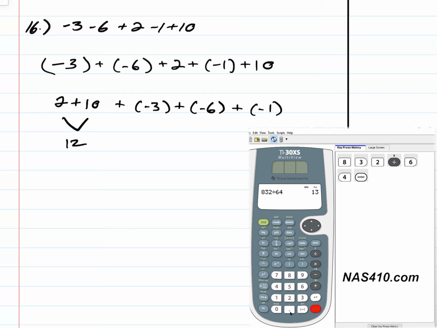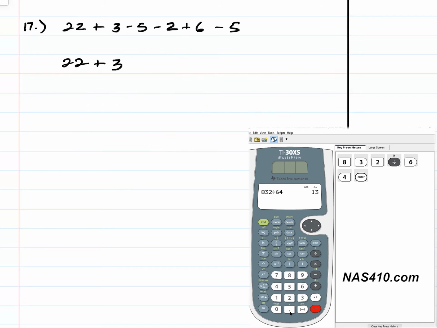It's pretty simple. Over here on my positive side, I have 10 plus 2 is 12. Plus, and then over here on my negative side, I have -3 plus -6, which is -9, plus -1, which makes -10. And so I have 12 plus -10, and my final answer is 2.